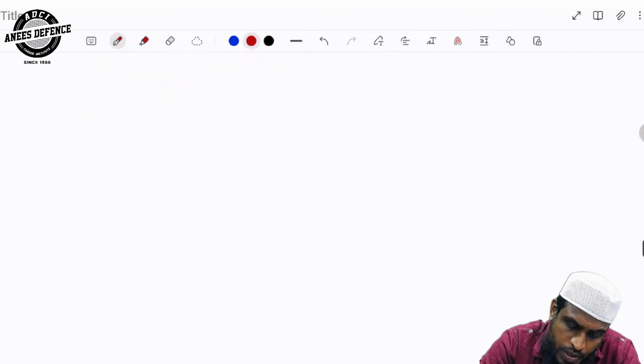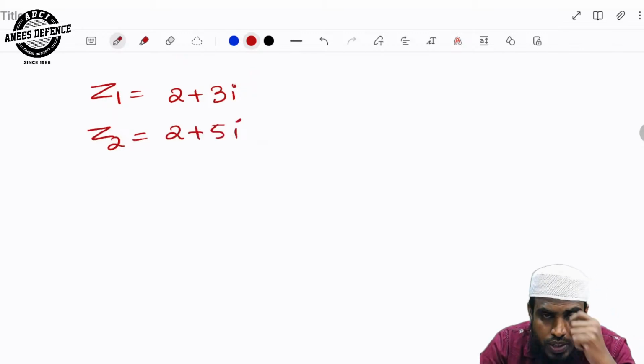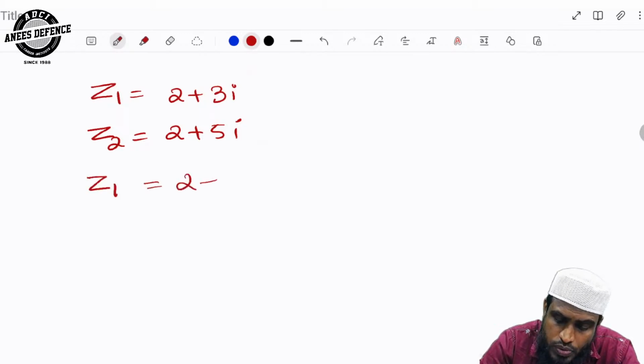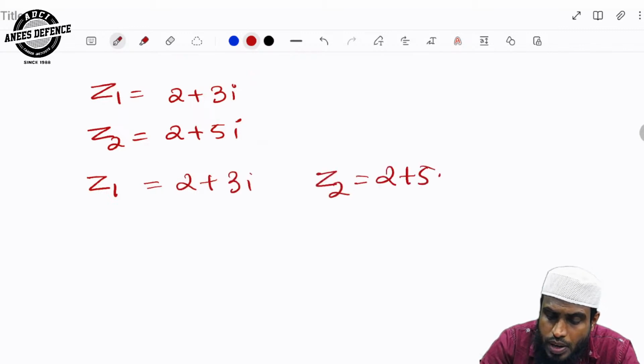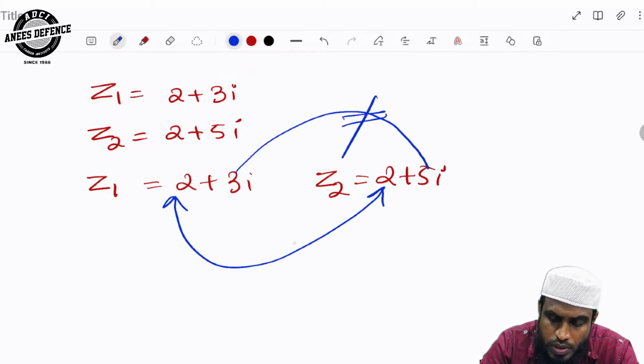Another example, z1 equal to 2 plus 3i, z2 equal to 2 plus 5i. Whether we can say that z1 equal to z2? Here you can see that the real part is equal, but the imaginary part is not equal.